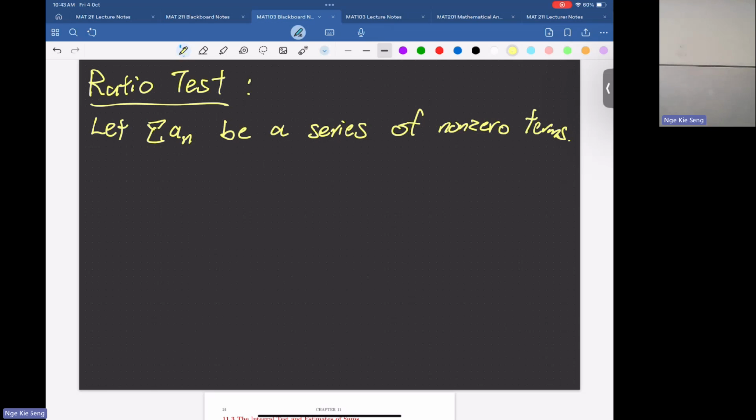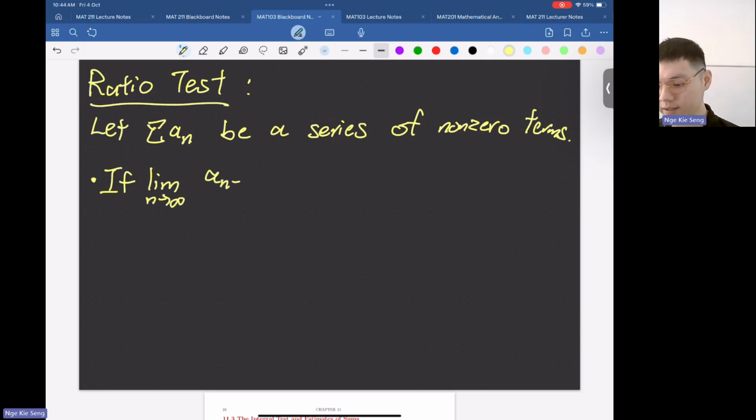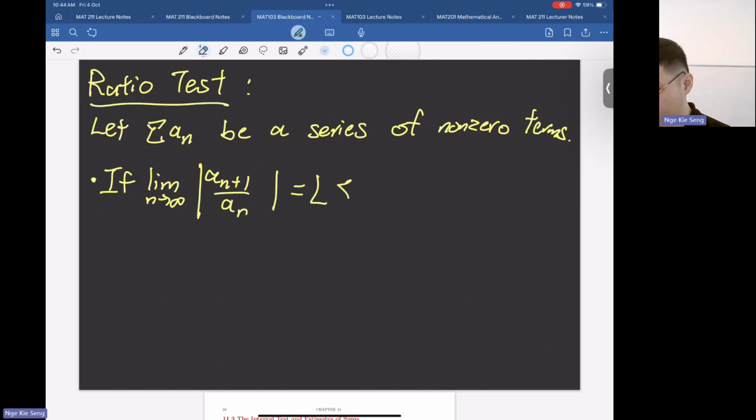So we have to do something related to being non-zero. So what do we do? If the limit of the absolute value of a_(n+1) over a_n equals L, there are three cases.